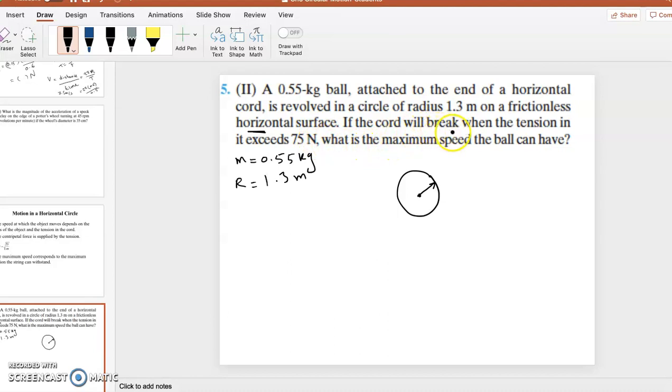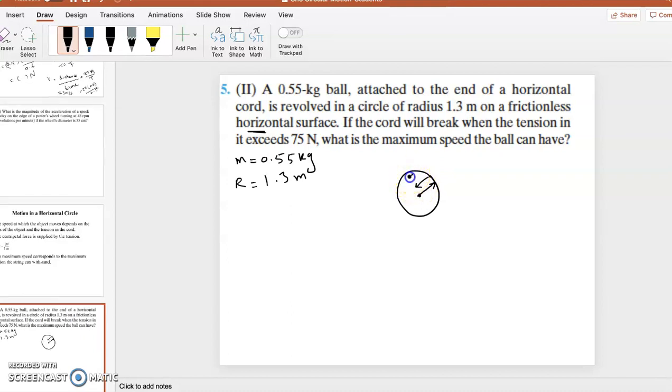If the cord will break when the tension in it exceeds 75 Newton. You remember in the previous example, I mentioned something called the tension force. The tension is towards the center.